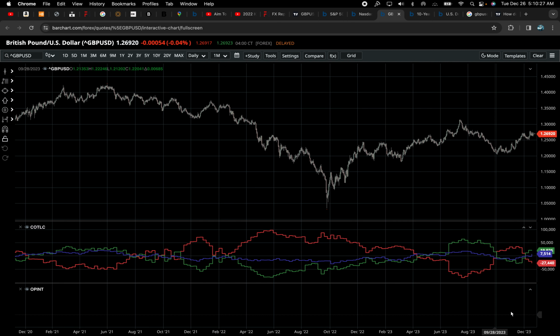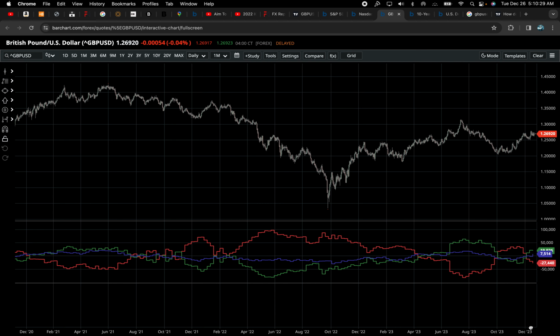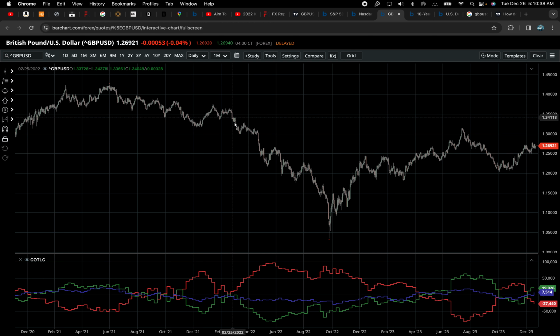That's open interest. Actually, it's not showing up for some reason, so just take that off. But when the commercials are going net short, that is always a leading indicator that we could look for lower prices on whatever the asset.